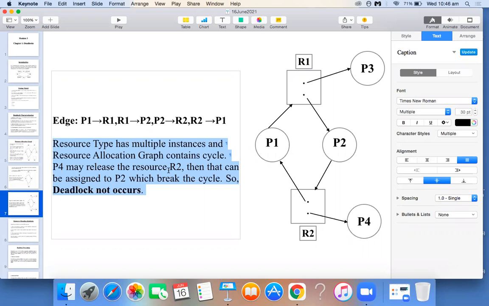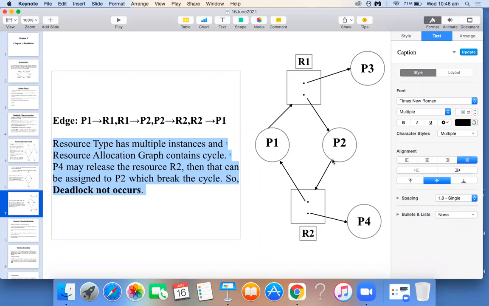If P4 or P1 releases it after some time, then that resource will again be allotted to which process? Process P2, because it was requesting, correct? So that can be allotted, and then it will break that particular cycle, correct? Is it clear with this concept?